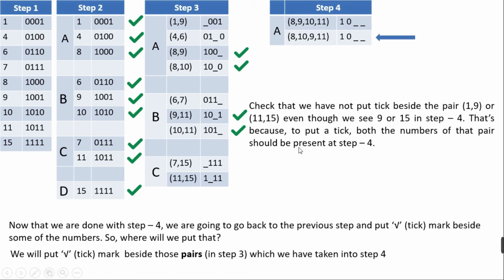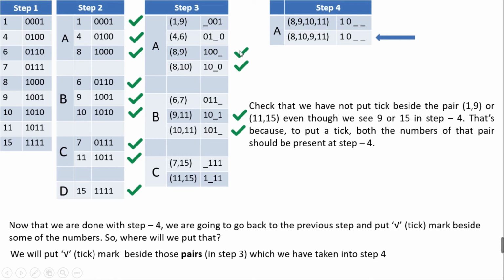You should really check one thing that's written over here. We have not put any tick marks beside the pairs 1, 9 or 11, 15, say. So let's check the 1, 9. You may think that I can see there is a 9 over here and we have taken 9 in our step 4, so why didn't we put a tick mark beside that? Because in that pair we have only taken 9 into our step 4. We did not take 1.